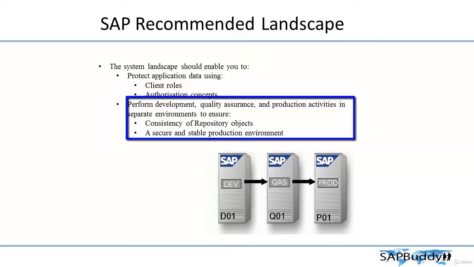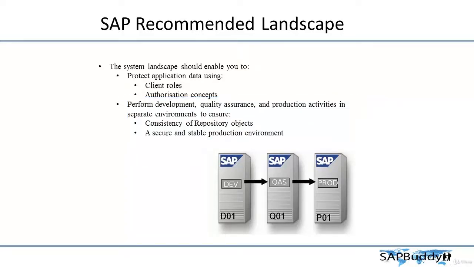The second thing is that we do the development activity, quality assurance, and the production activity in separate environments to make sure of the consistency of the repository objects. We have seen how the customizing and the workbench objects work now. So, in order to keep the consistency of the repository objects, we need to have three different landscapes, so that when you are developing or changing any repository object, you do the changes in the development system, then those changes will be transported to your QA system.